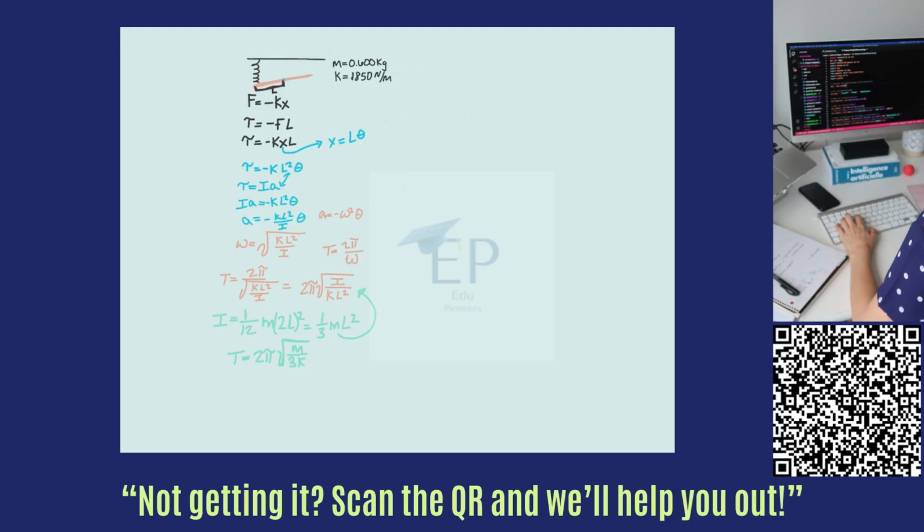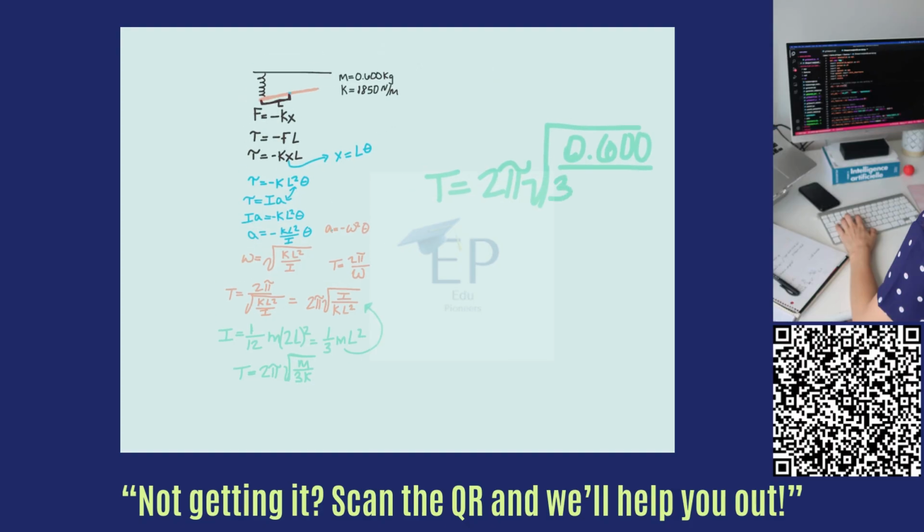So plugging that all in, we have our period equals 2 pi times the square root of 0.600 kilograms divided by 3 times 1850 newtons per meter, which gives us a final answer of 0.06533 seconds.